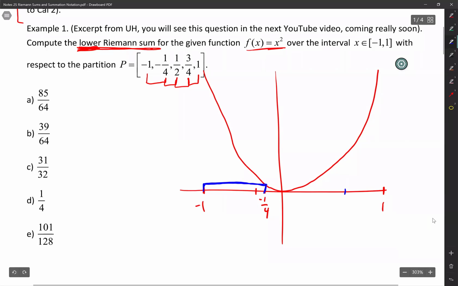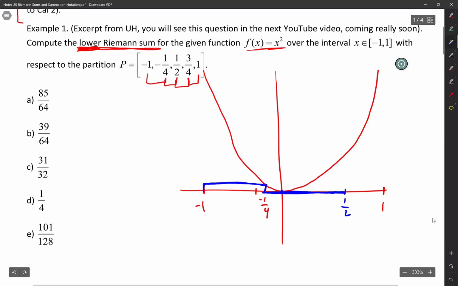A half is right here. And don't get tricked. The lowest point between -1/4 and a half occurs at x equals what? No, the lowest point. 0. The lowest point in the box. Perfect. So there it is.